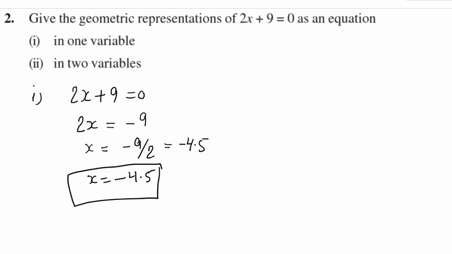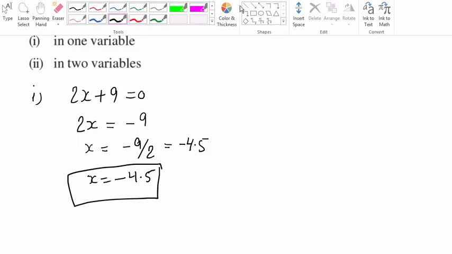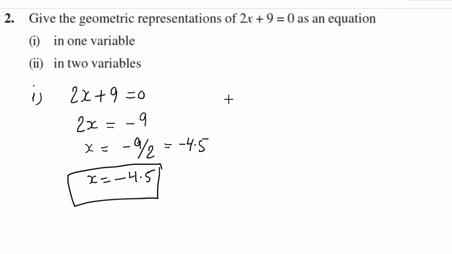To represent the equation in one variable, draw a number line. Say this is my number line, and here this is 0, 1, 2, 3, 4 and 5.